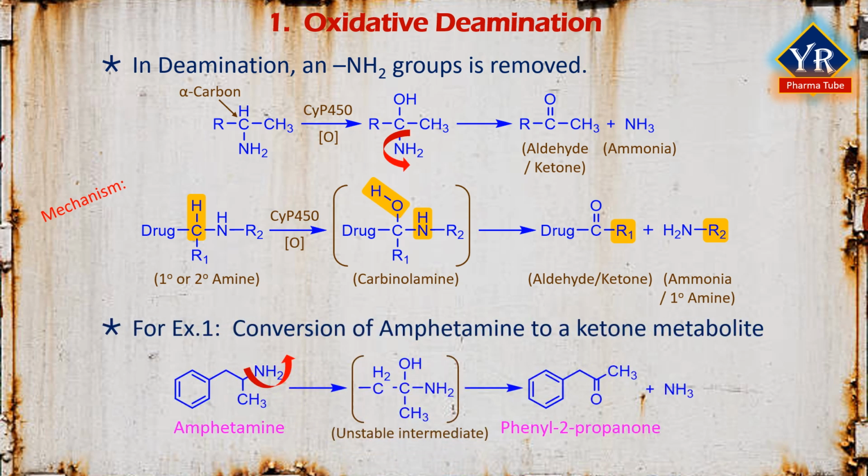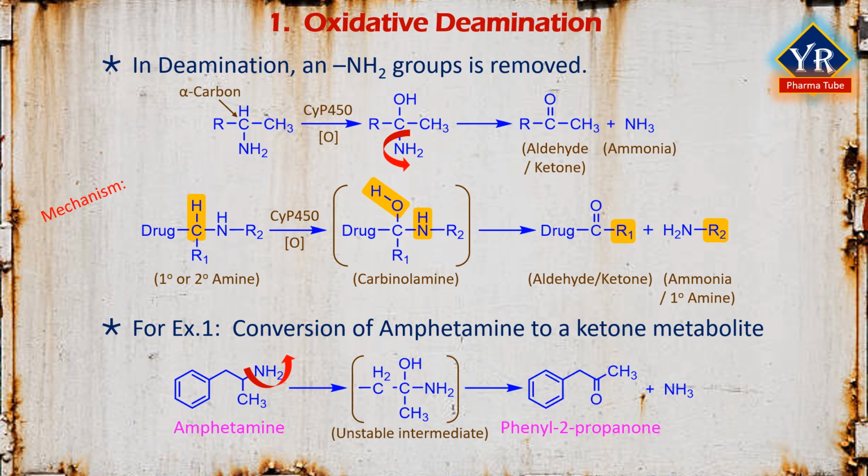For example, conversion of amphetamine to its keto derivative. In this example, amphetamine is deaminated by forming the ketone. The ketone formed in this reaction is a phenyl methyl ketone, which is also known as phenyl 2-propanone.